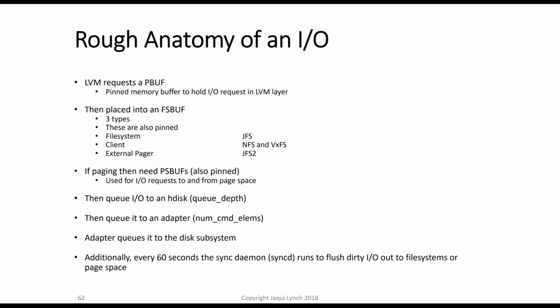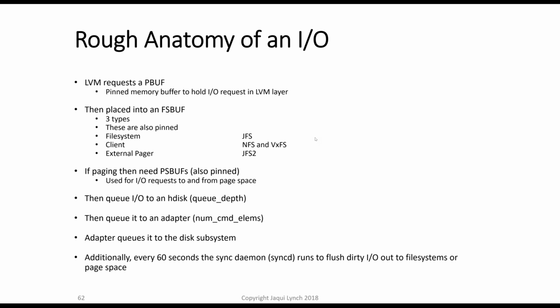And I always used to wonder why they always told me after I changed the root password to do sync; sync. Well, one of the reasons is that it forces the sync daemon to run and write that stuff out to the file systems. Although I always felt that if I couldn't remember what the password was I put in 60 seconds ago, there's probably a problem. But that does run every 60 seconds.